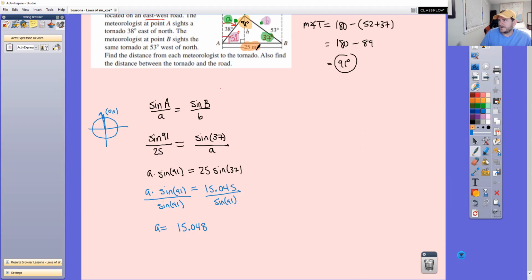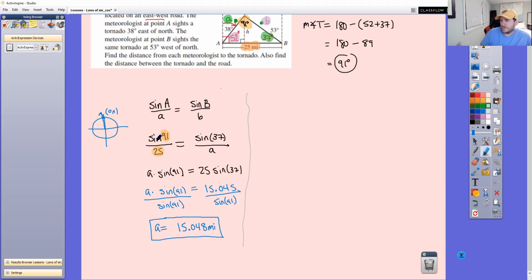Now what are my units here? Miles. So this has to be miles. So that's A. We now find B in basically the exact same way, literally down to even using the same orange ratio that we used before, the sine 91 over 25.